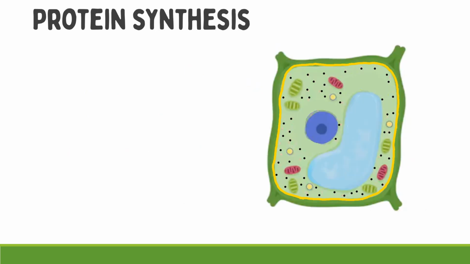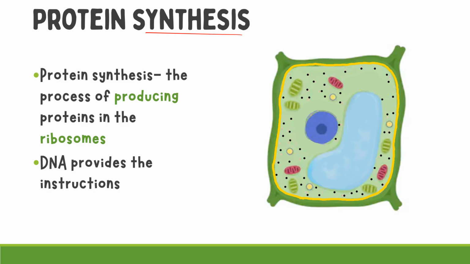Protein synthesis is the next key word. To synthesize means to make, and so protein synthesis is the entire process of how cells make their proteins. We can see here, this is a classic simple diagram of a cell, and you might remember all of these organelles, or some of them at least, from year 8.